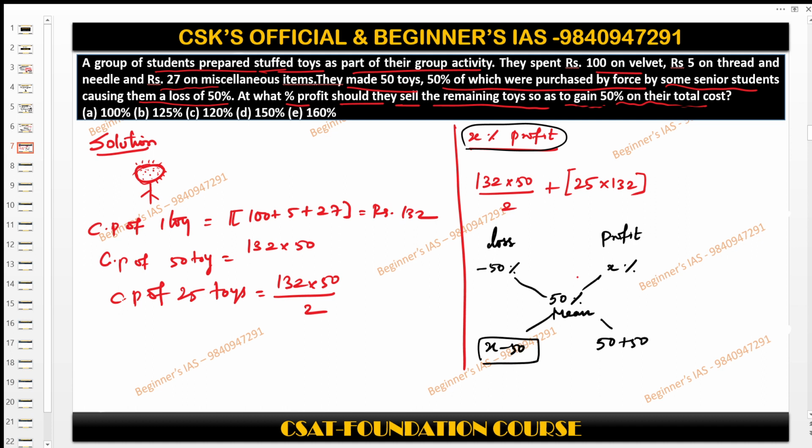Now you can take this as 100 percentage, right? Equate this one. So x minus 50 is equal to 100, so x is equal to 150. Therefore, if they sell at 150 percentage, then only can they make a 50 percentage gain on the total cost.